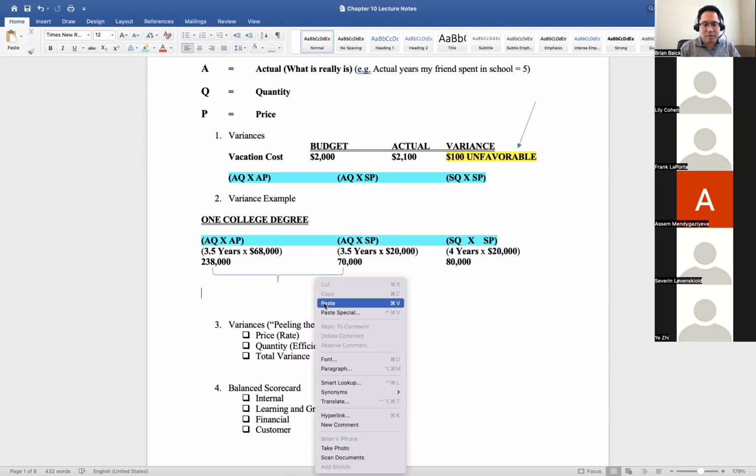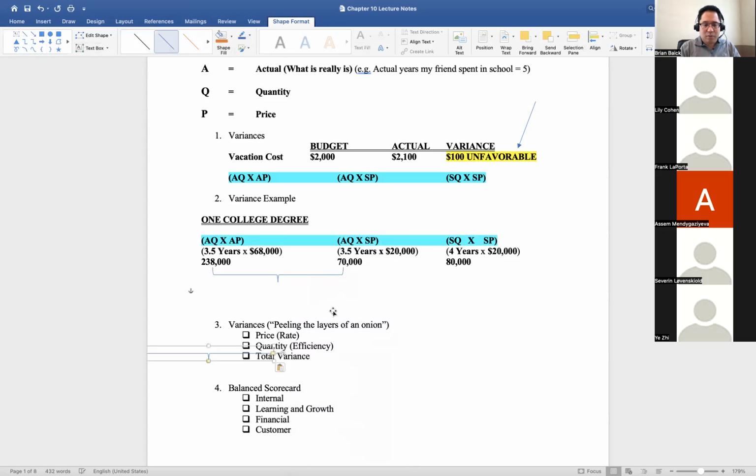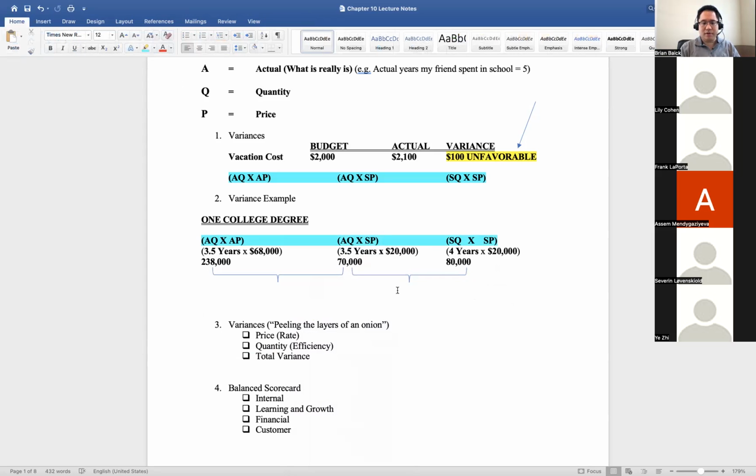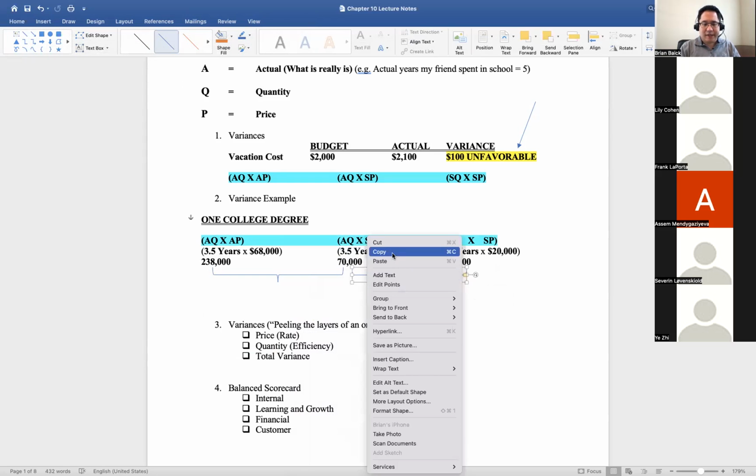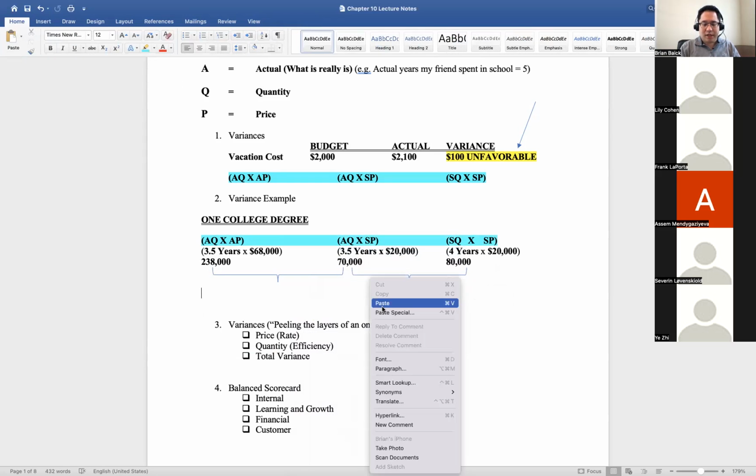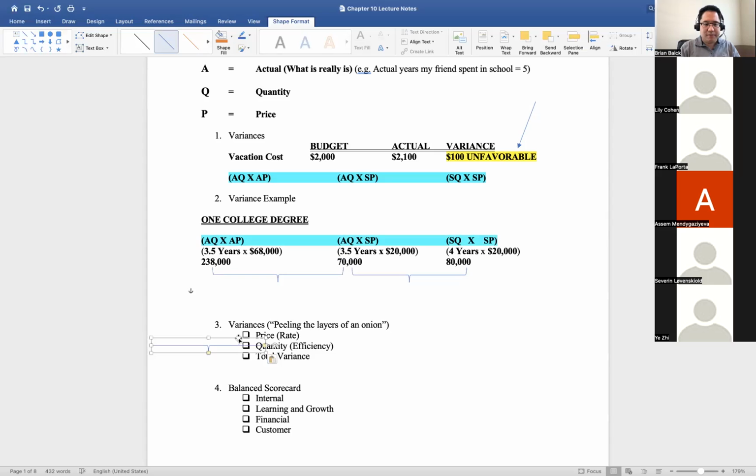Also, we're going to get a variance between the second number and the third number. So you can see here. And then lastly, we're going to get a variance between the first number and the last number.